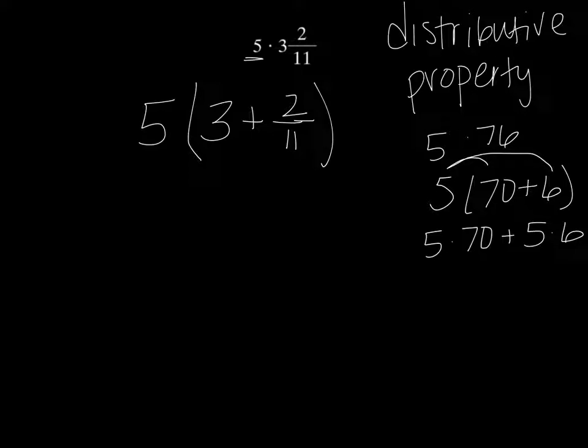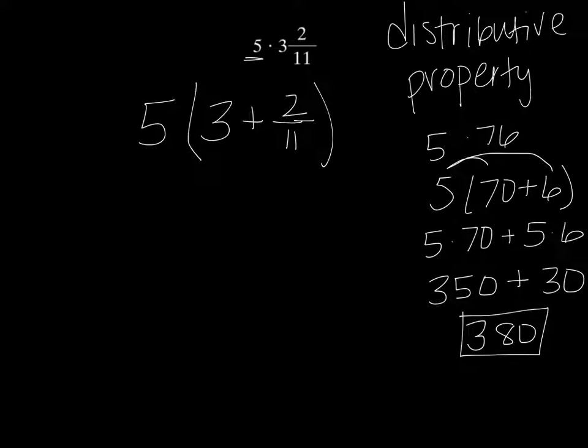So then 5 times 70, I can do that really quickly because 5 times 7 is 35. And then I just add my 0. 350 plus 5 times 6 is 30. So then I just have to add 350 and 30, and I would get 380.